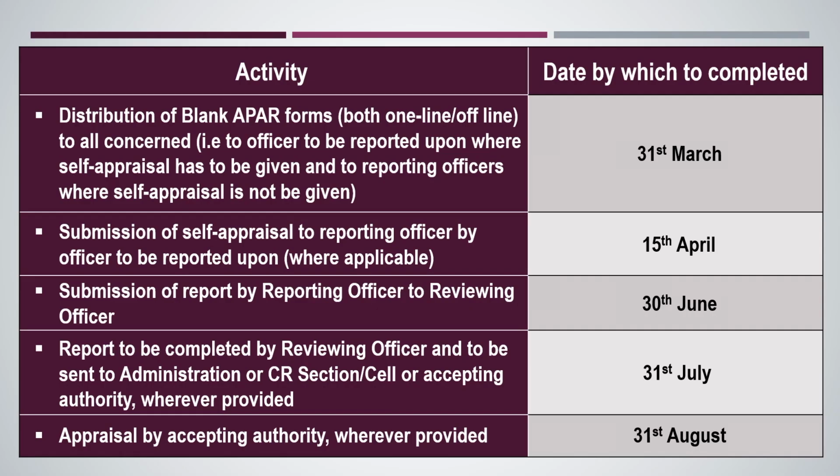The second timeline is that the concerned employee completes his self-appraisal by 15th April. By 31st March the appraisal sheet should be available, and by 15th April the concerned faculty member or staff member must have filled it.